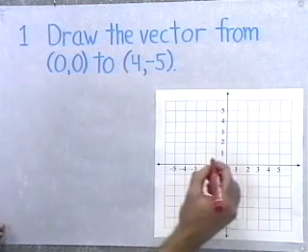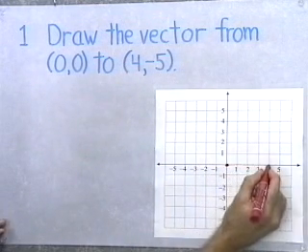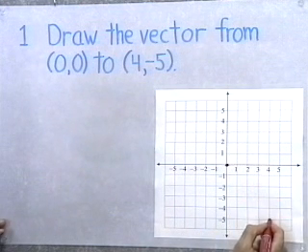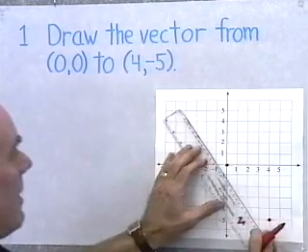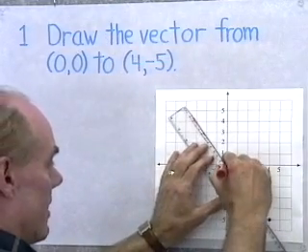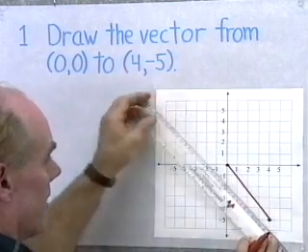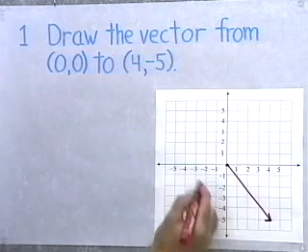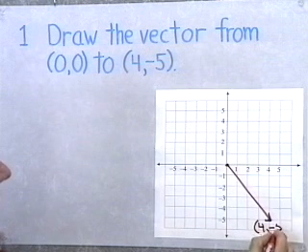So the vector that goes from 0, 0 out to x equal 1, 2, 3, 4, y equal 1, 2, 3, 4, 5 is going to be, now let me get my ruler here and draw that vector nicely if I can. So that vector is going to look like this. So that's this vector that goes from 0, 0 out to the point x equal 4, y equal negative 5.